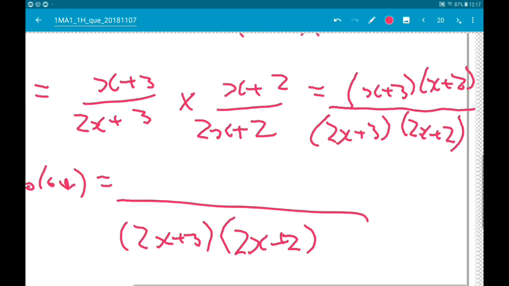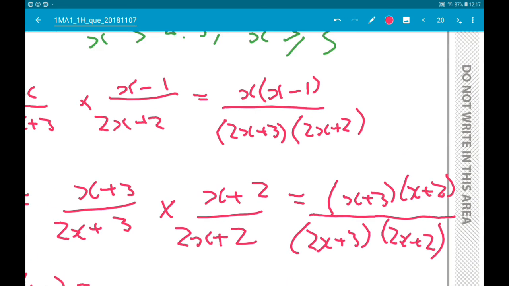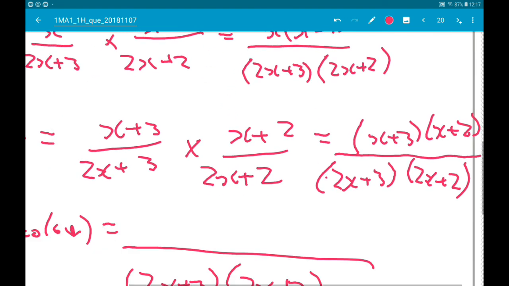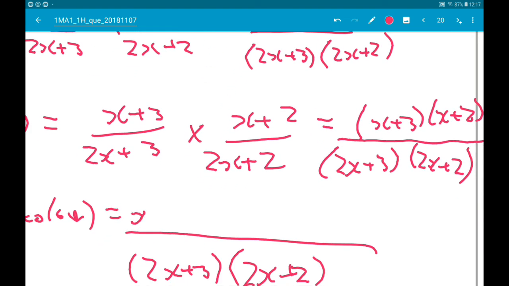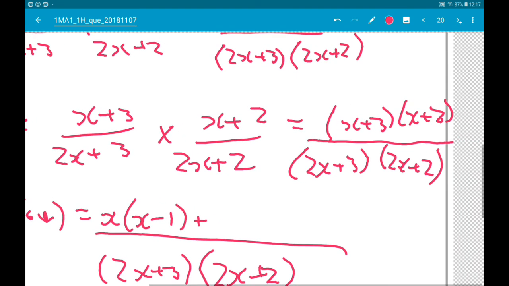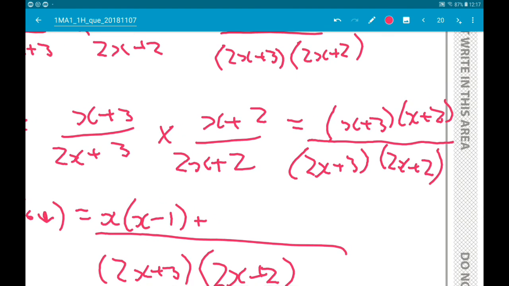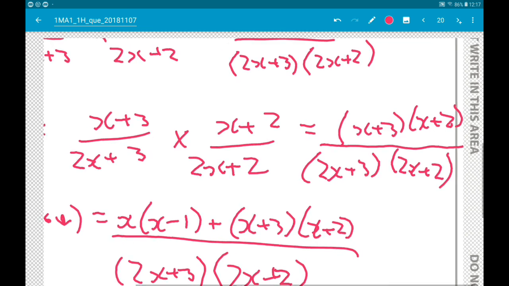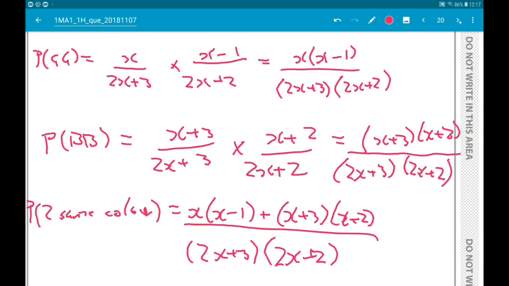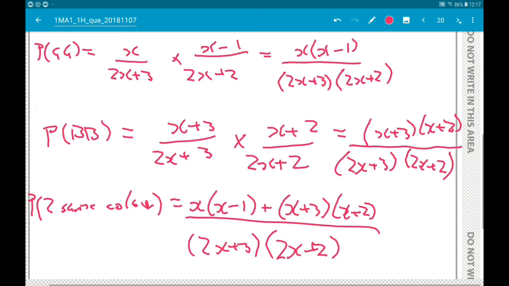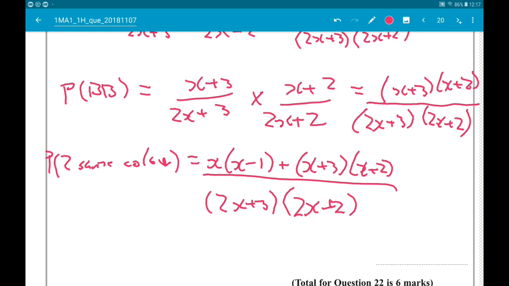And the top is going to be x times (x minus 1) add (x add 3) times (x add 2). Now, we also know what that is numerically. It's 27 over 55. Let's hope to God we can simplify it a bit faster.